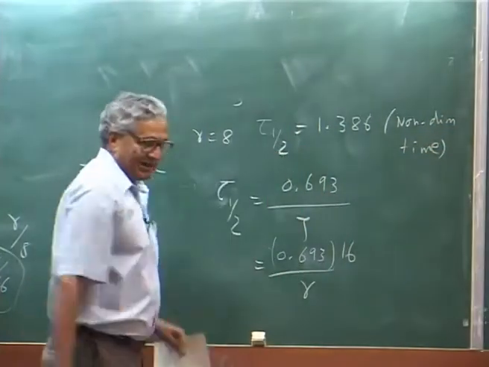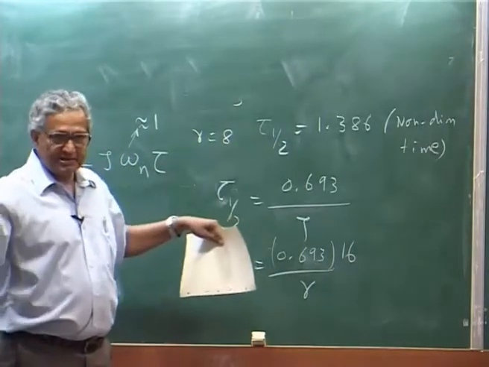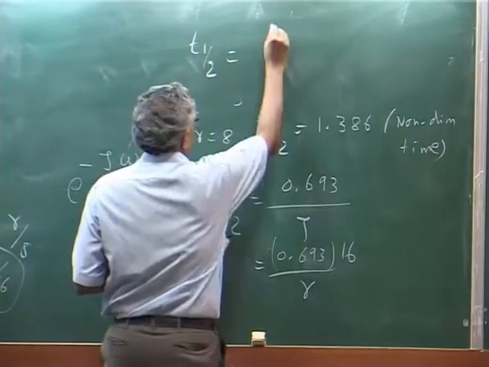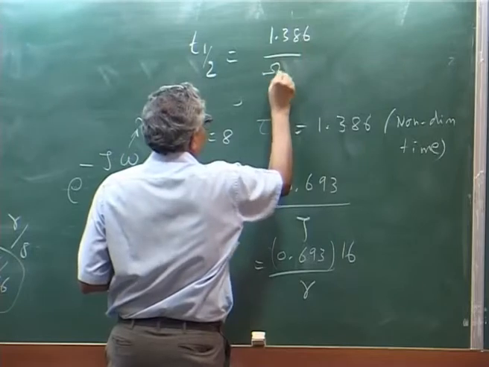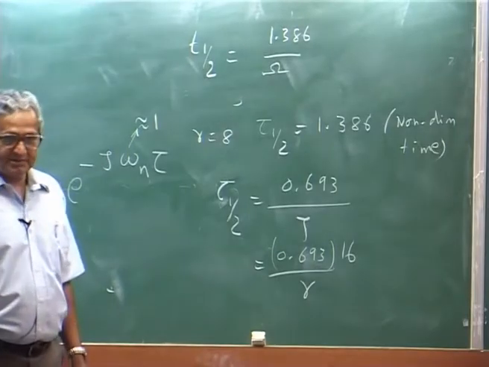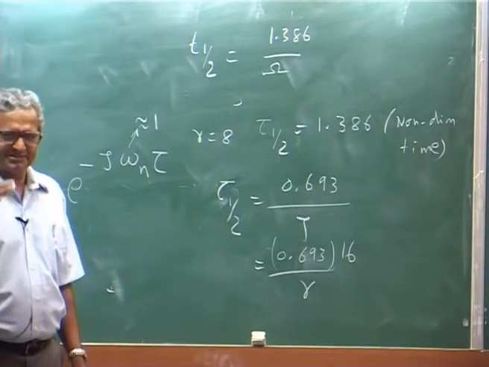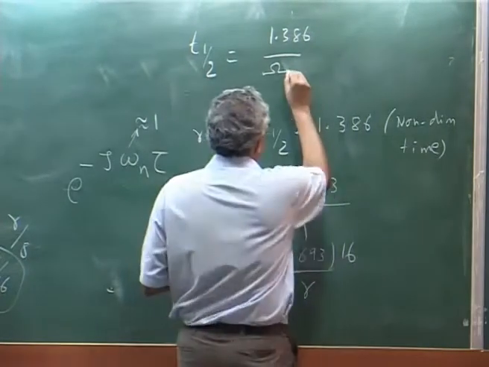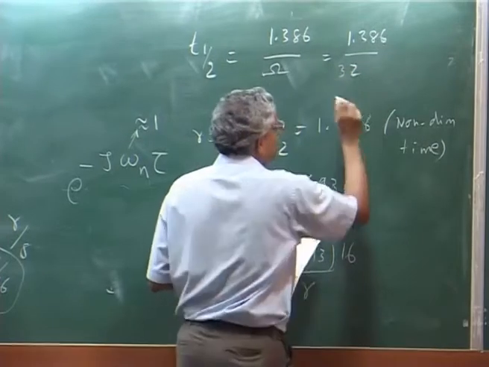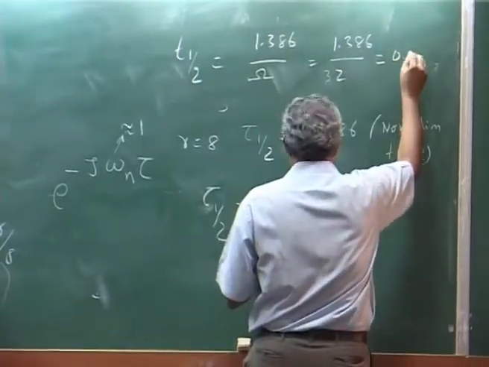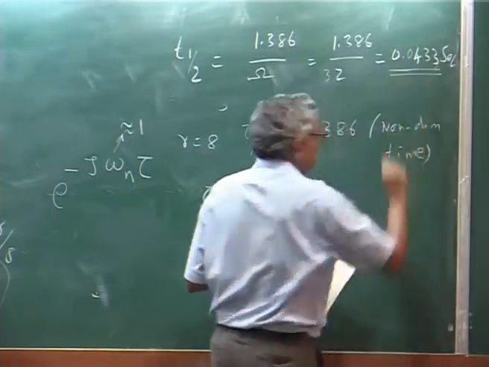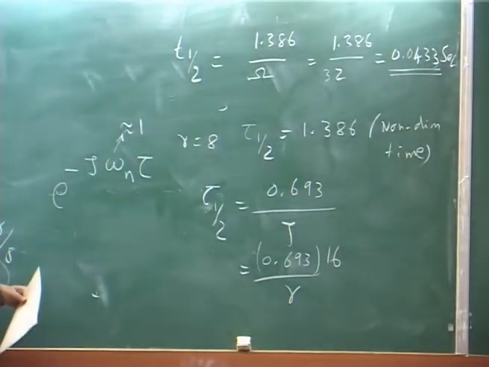Now, if you want dimensional time, tau is omega t, so t is 1.386 over omega. If you take omega as 32 radians per second, which is a reasonably good number, you will find, I am writing it just to give you an idea, 0.0433 seconds.